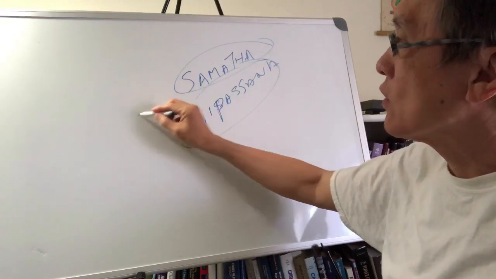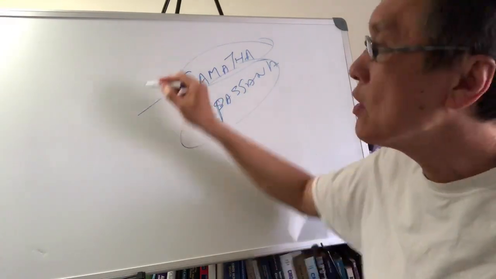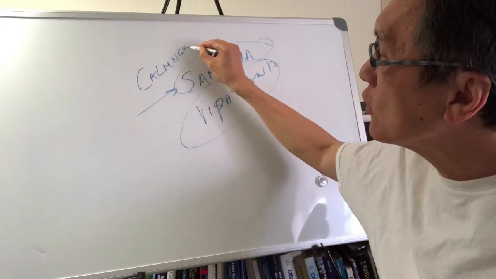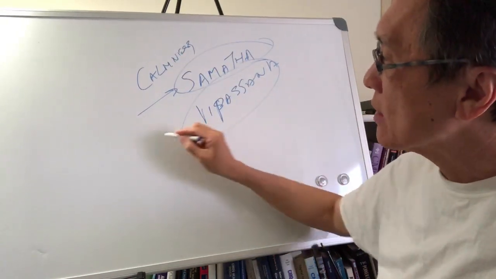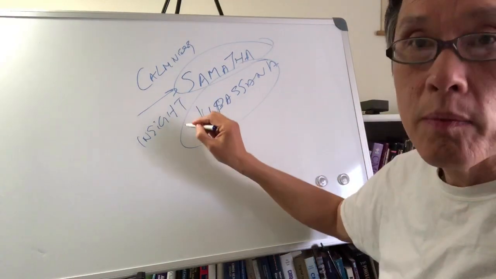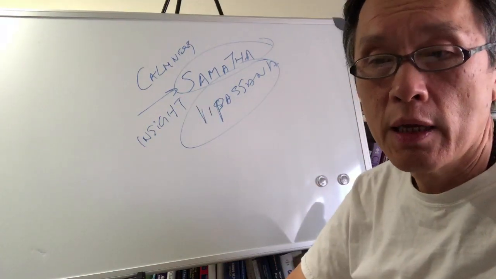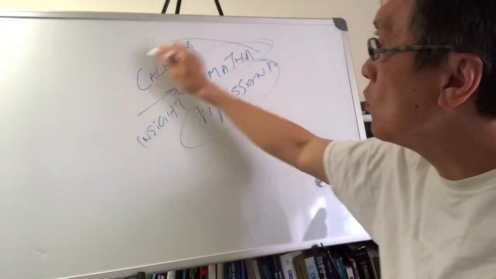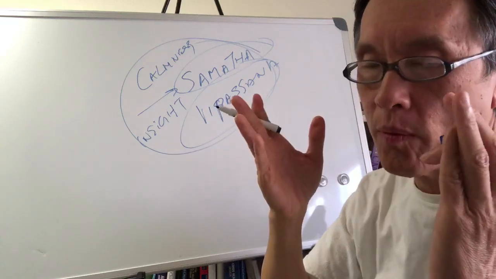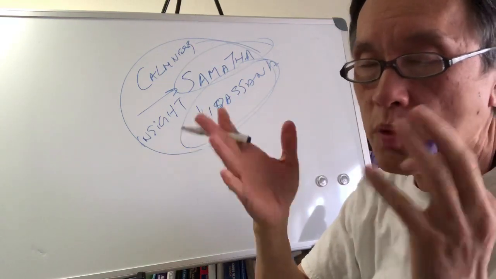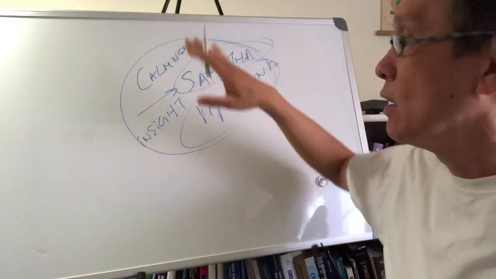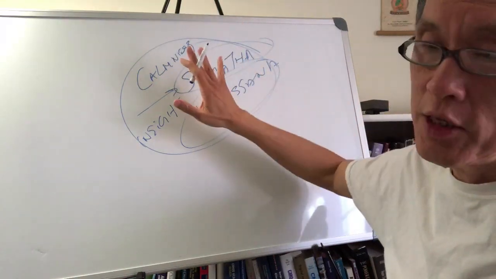Samatha is calmness meditation, and vipassana is insight meditation. So these are the two practices of Buddhism, the teaching of the Buddha based on samatha and vipassana, the calmness meditation and insight meditation.